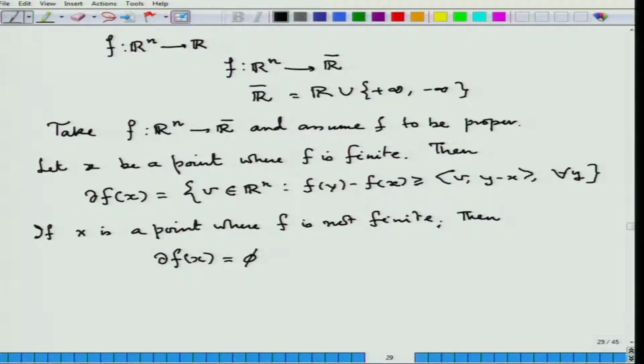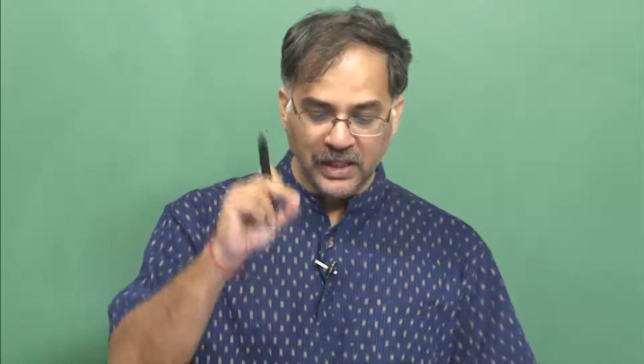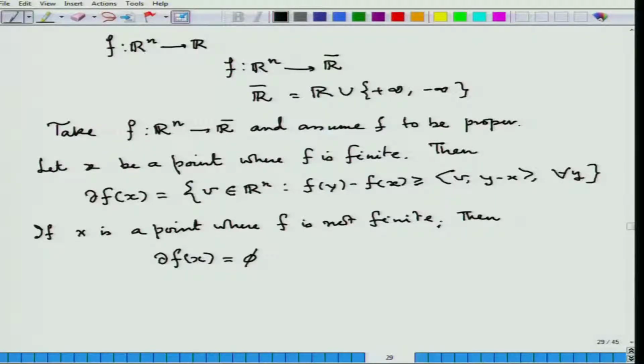It does not at all mean that del f of x is non-empty for every point x where f of x is finite. No, there are problems where at a point where f is finite, this set becomes empty. So the story that we had for R^n to R, now you see, is getting complicated.